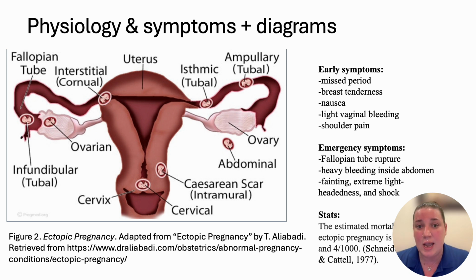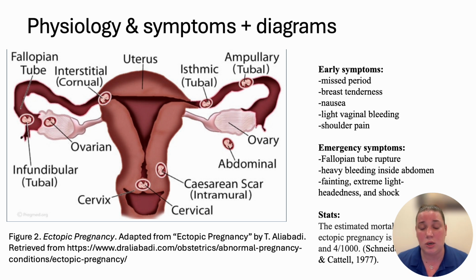But again, in the ampullary tube, that is the most common ectopic pregnancy. Some early symptoms for women could be missed periods, because again, while she is pregnant, it just has not fully reached her uterus. Breast tenderness, nausea, light vaginal bleeding, and shoulder pain.